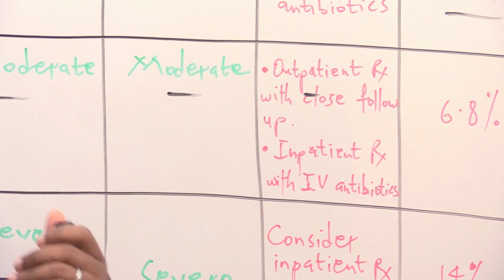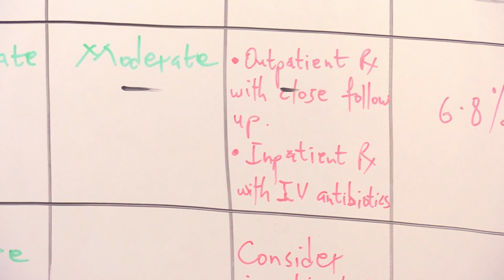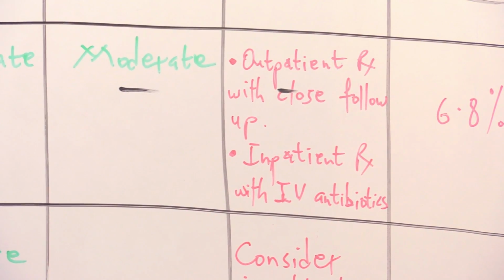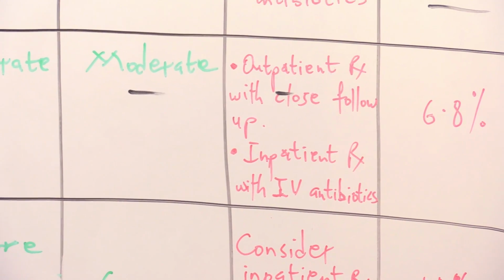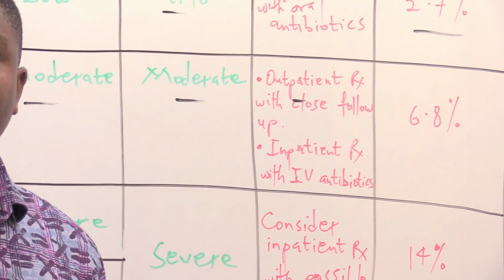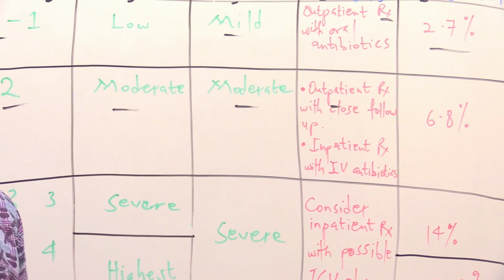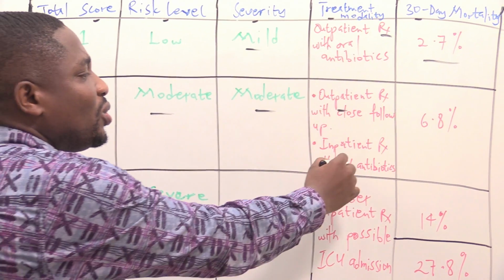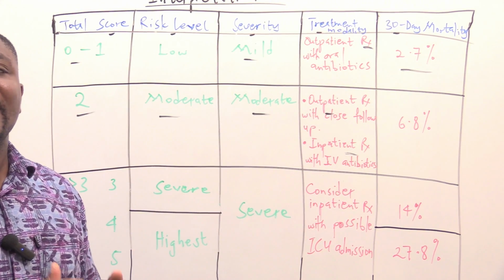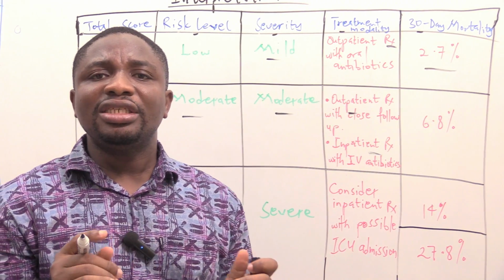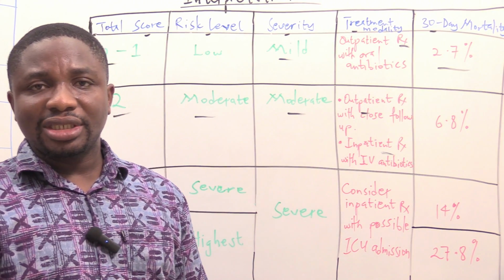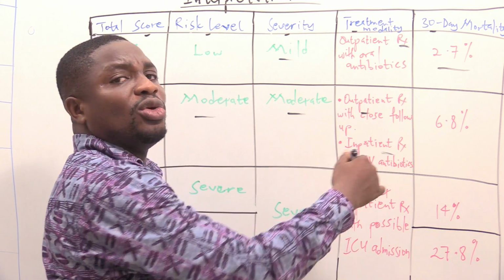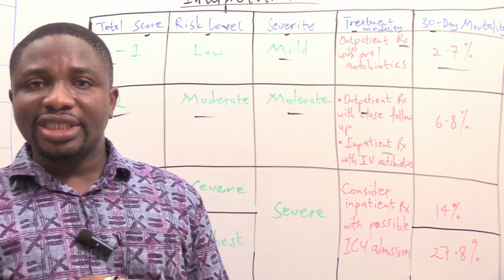It means that this patient needs to be coming to the outpatient department for close monitoring. That's the first alternative. The second alternative is that you can hospitalize the patient and treat him or her with intravenous antibiotics. That makes it an inpatient treatment with intravenous antibiotics.